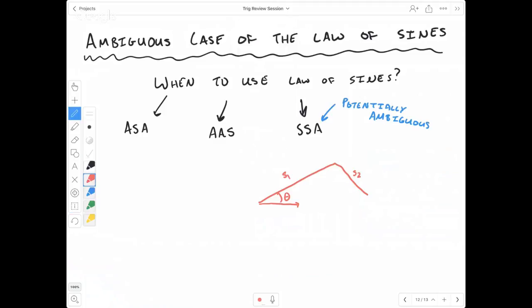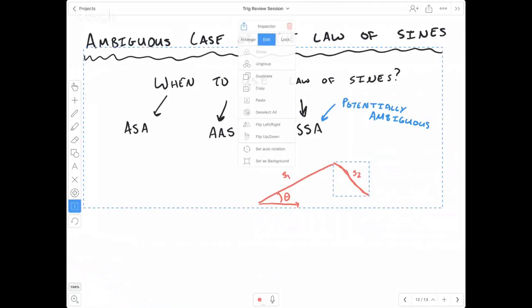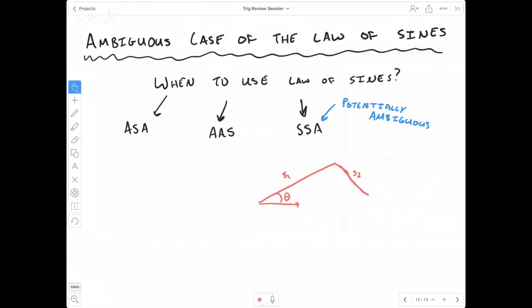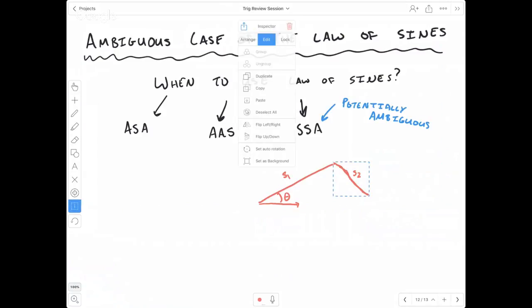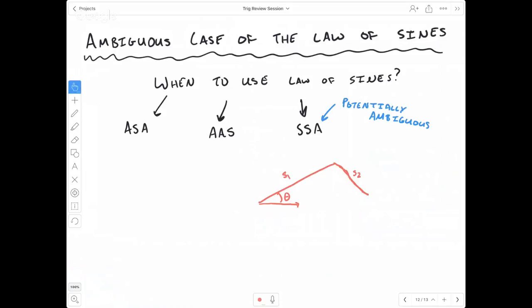But there could also be the same side 2 right here. So both of those are potential triangles.